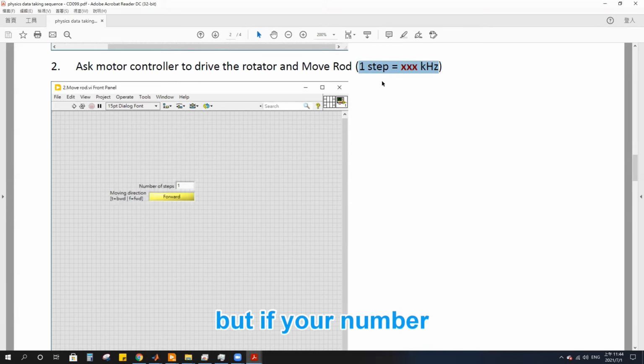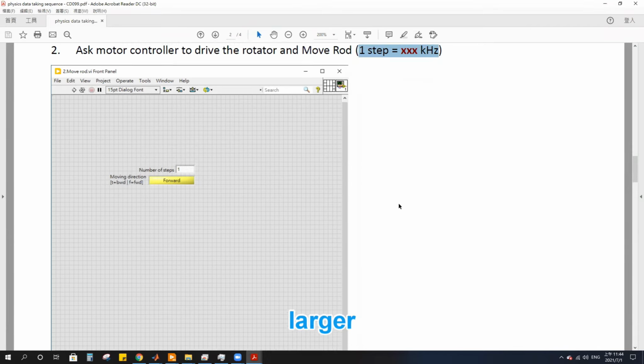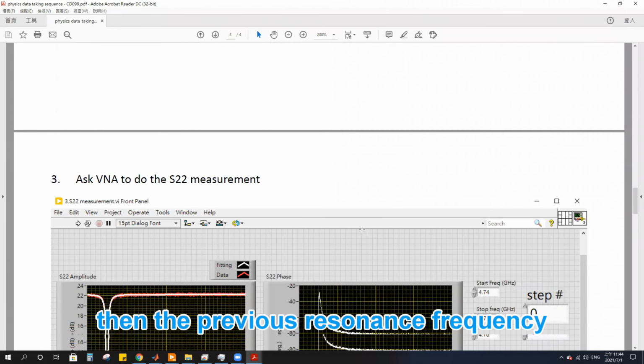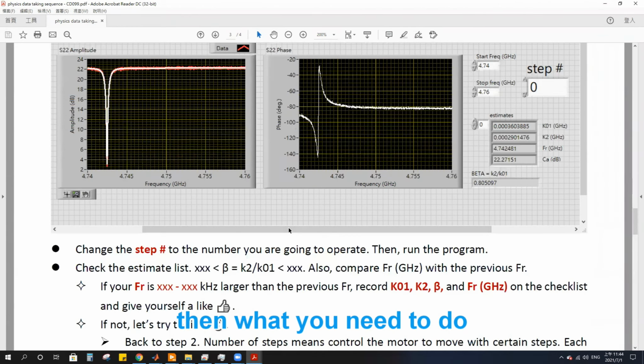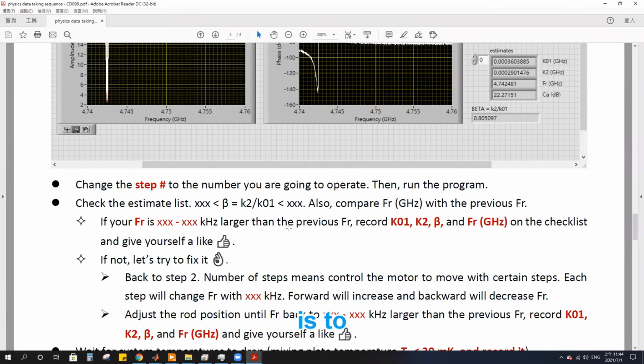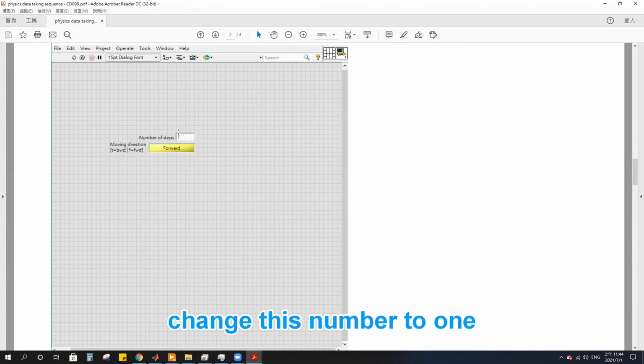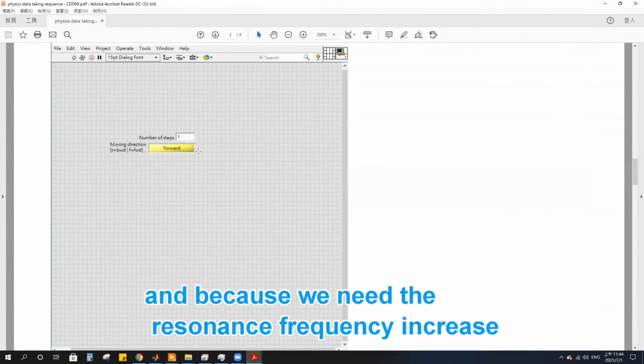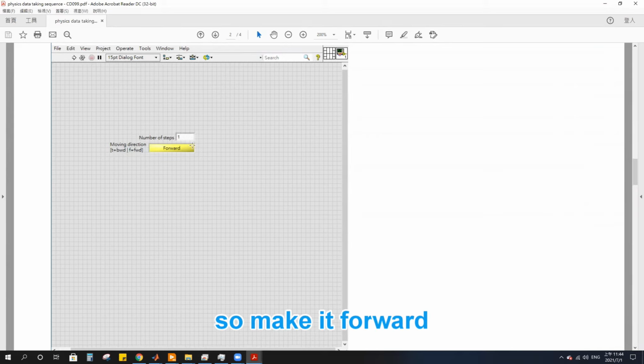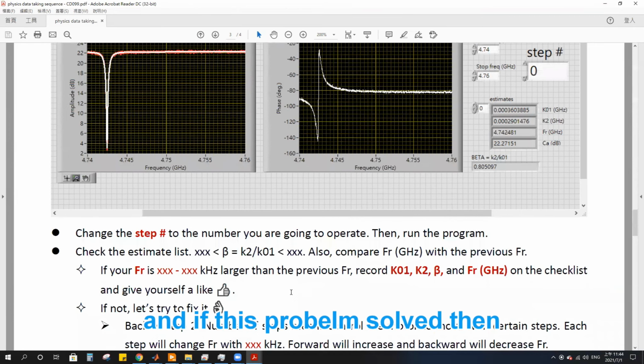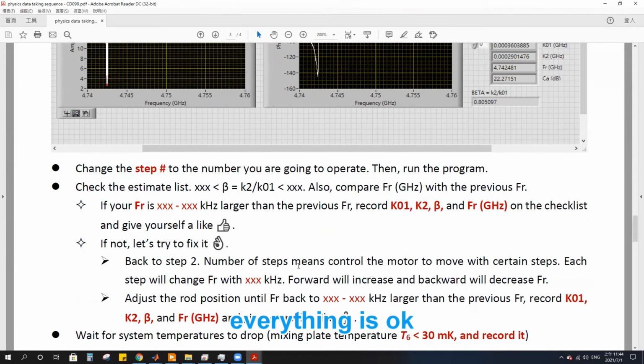But if your number goes to, like, 52 kilohertz larger than the previous resonant frequency, then what you need to do is change this number to 1. Because we need the resonant frequency to increase, make it forward, then run the program. So you manually fine tune the rod. And if this problem is solved, then everything is okay.